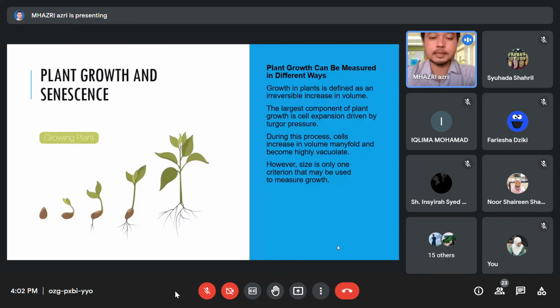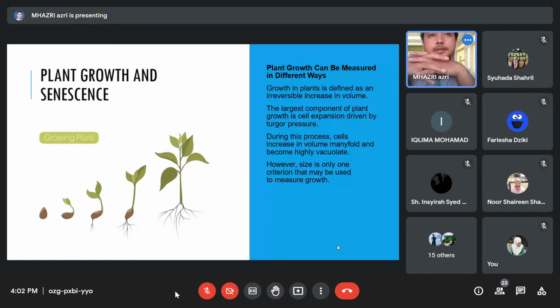Like I said earlier, it will produce a high number of cells, the number of cells increases without increasing its volume. Okay, so in these conditions, we cannot measure the plant growth accurately.